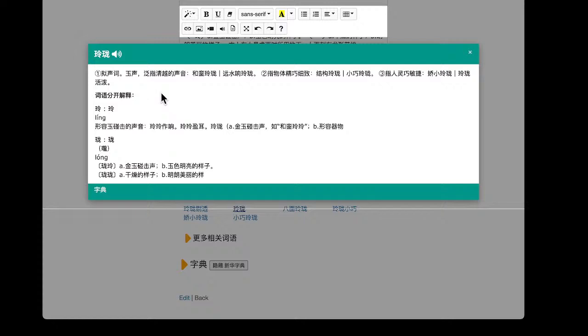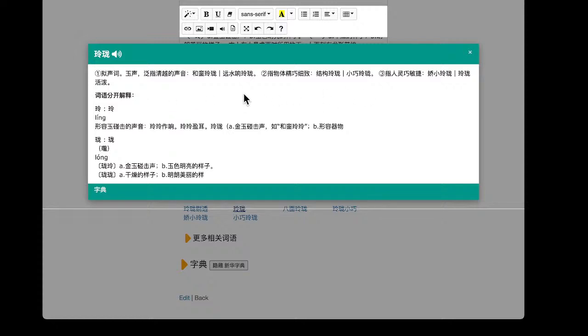Second meaning is that the object, the article, is very meticulously done, very intricate, very fine, very pleasing to the eye. Usually it's not a big piece, but a small object, very sophisticated, very nice. It's called a linglong.